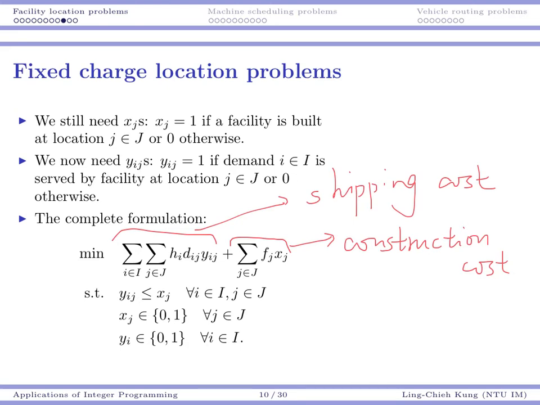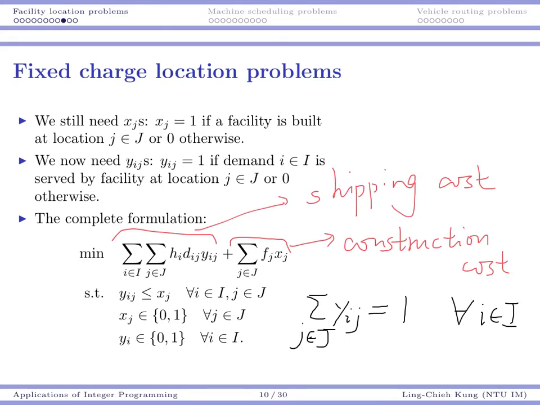One thing that you also need is that for each demand, I need to make sure that I assign at least one facility to it. Now it doesn't matter whether you write it as an equality or greater than or equal to.